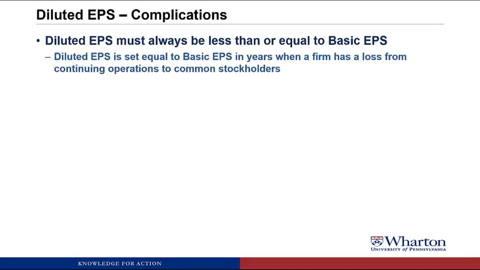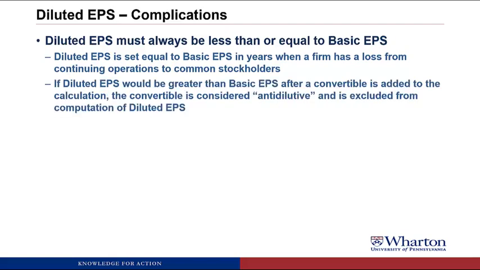First, diluted EPS is just set equal to basic EPS in years when a firm has a loss from continuing operations to common shareholders. The assumption here is that if a firm is losing money, none of this convertible stuff is going to convert. Investors are not eager to jump in and acquire stock of a company that's losing money. And so the assumption here is we don't have to bother with the conversion features, and we just set diluted EPS equal to basic EPS.